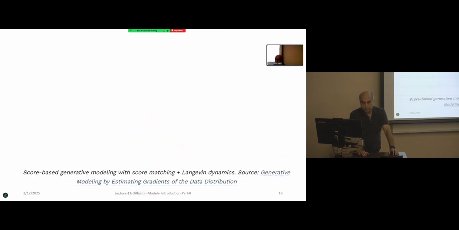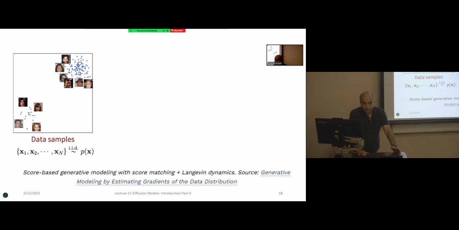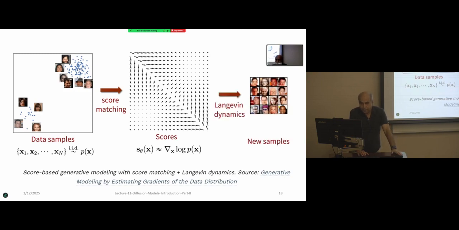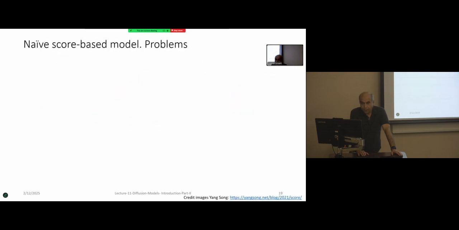So now the process will be: you have a data set, whichever data set you pick, and then you learn the S theta, and then you can use Langevin dynamics to generate new images.